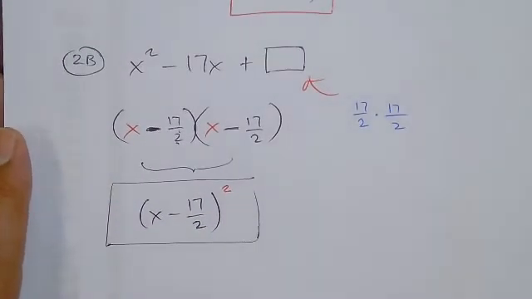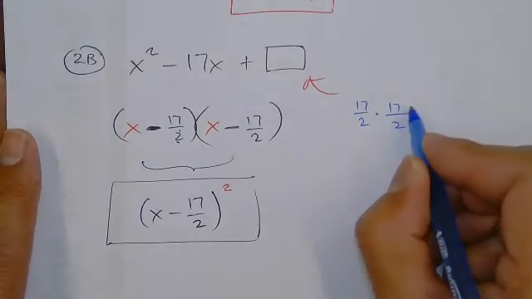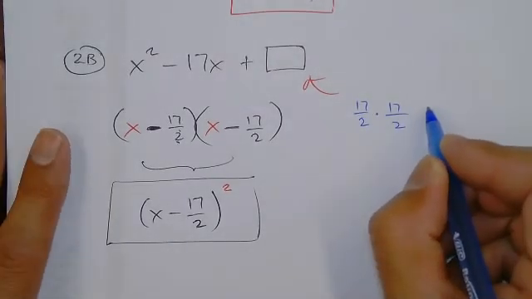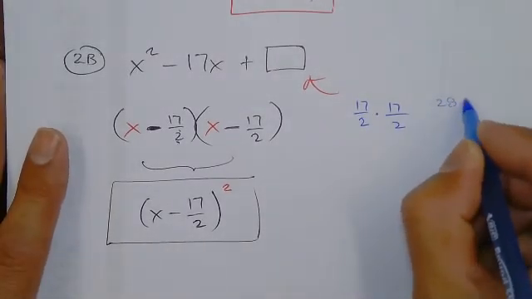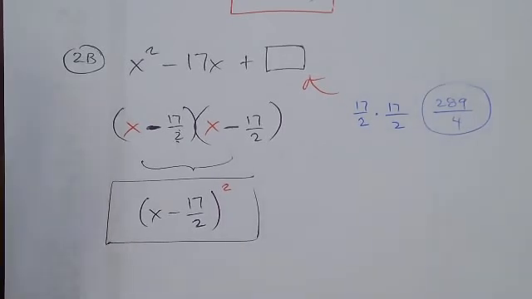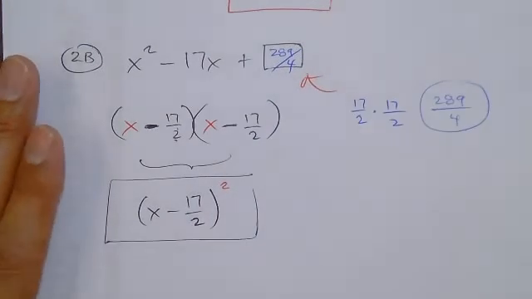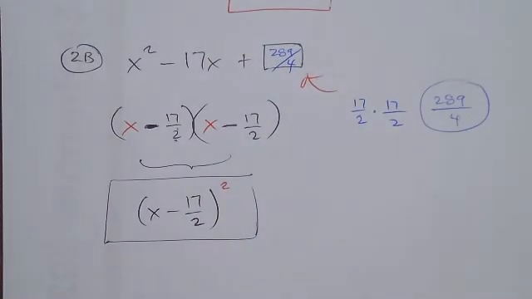So what do we got to do? 17 over 2 times another 17 over 2? I don't know what 17 times 17 is off the top of my head. 289? 289 over 4. That's it. That's what goes there. Just put it. 289 over 4. Okay. You got it?